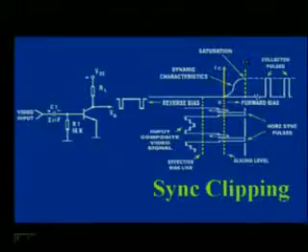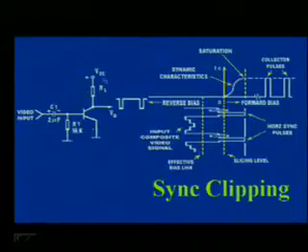Let us see here the working principle of sync separation. This is the video signal of 100% level, out of which the 25% level of the sync pulse is to be cut. And how to cut?